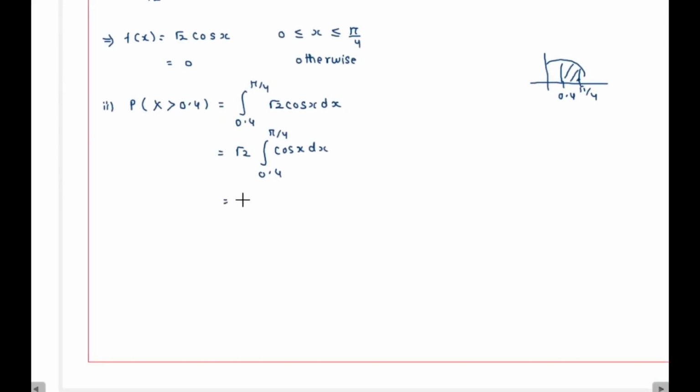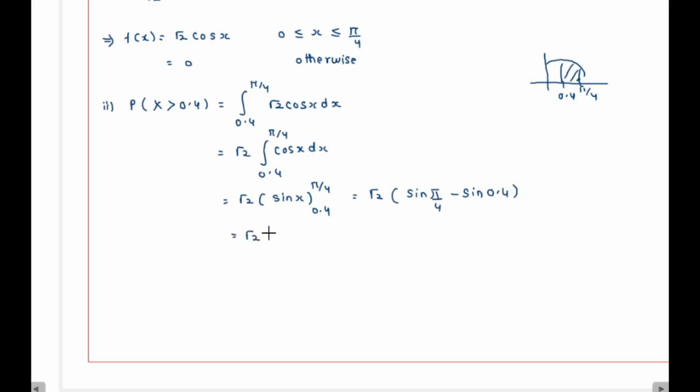Derivative of sine is cos, so integration of cos is sine. So I'll put sine x inside, and the limits will be from 0.4 to pi by 4. So this will be equal to what? Root 2. In the calculator, I will keep the radians mode on. So sine pi by 4 minus sine 0.4. Correct?